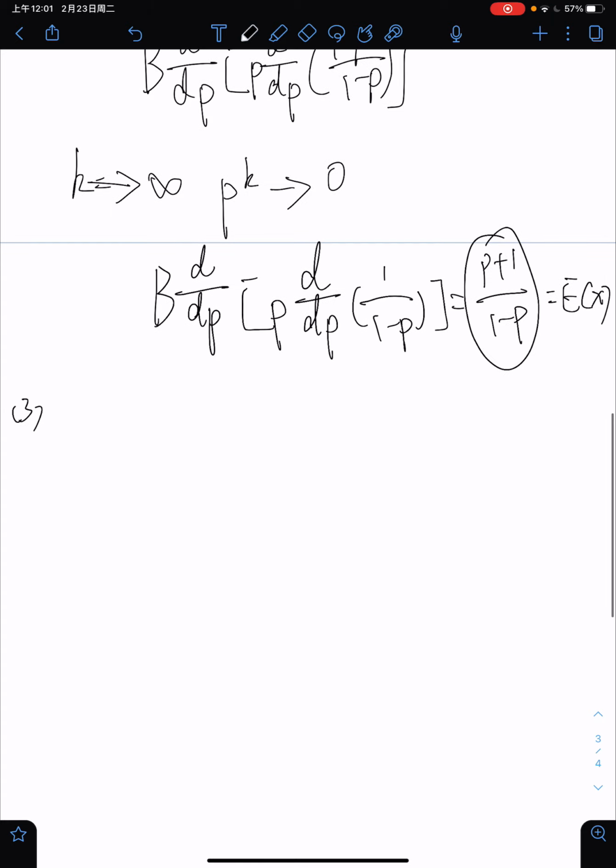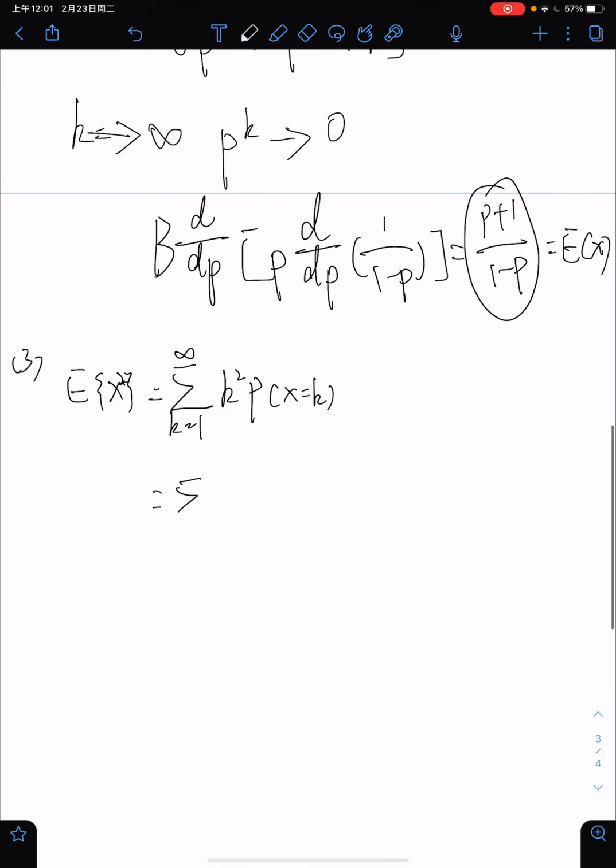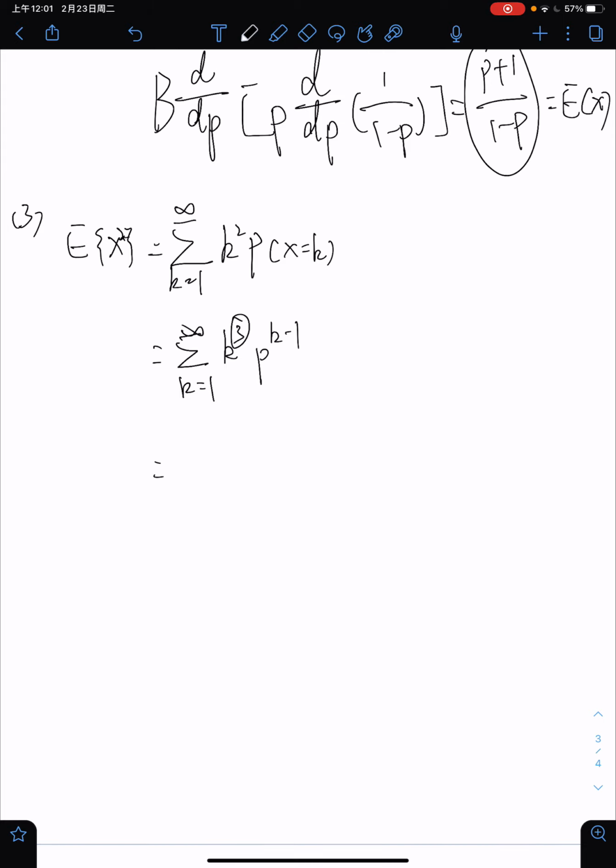The third problem, we need to know the expectation of x to 2. Okay, from the definition, again, we get this and change the probability. Now k to 3, we can use the same way as the second problem.